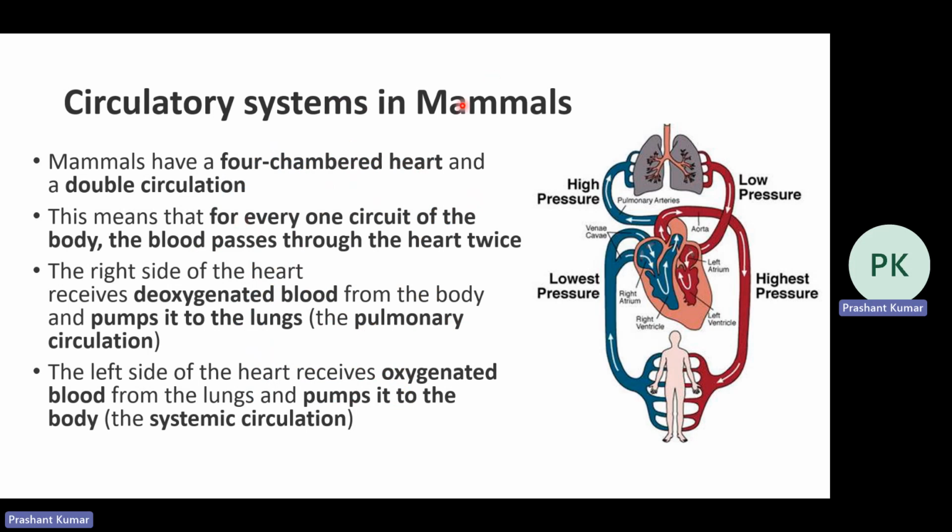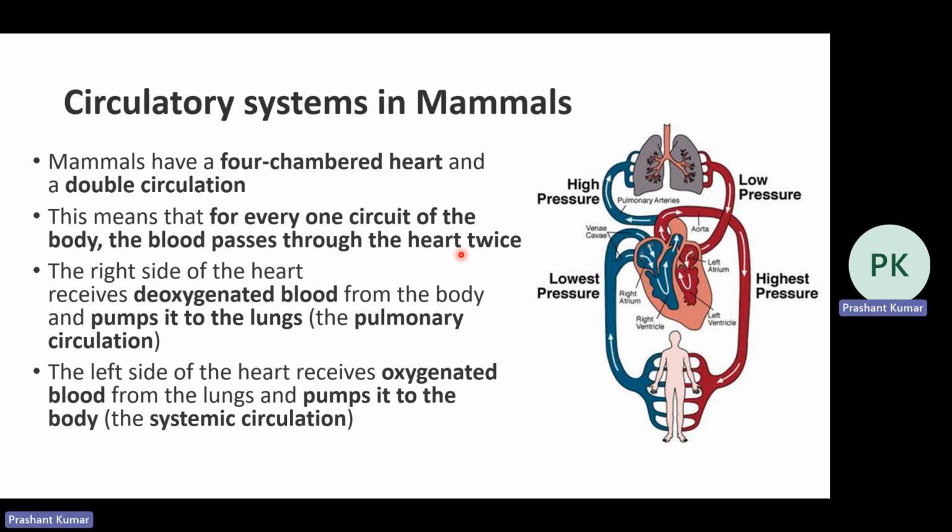But in the case of mammals, we have a four-chamber heart and we have double circulation. This means that in every one circuit of the body, the blood passes through the heart two times. The right side of the heart always receives deoxygenated blood, because the blood is coming from veins from the upper and lower parts through the vena cava.